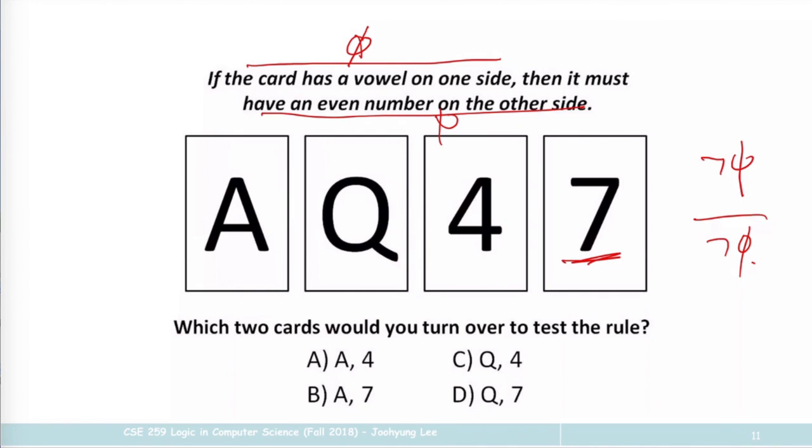In other words, the rule phi implies psi is equivalent to saying that if you don't have an even number on the other side, then the other side must not have a vowel. That's an application of modus tollens.